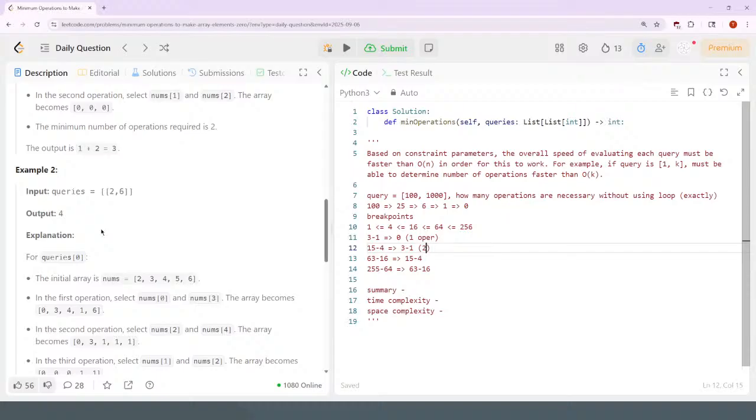In this range is two operations. This range is three operations. And so on. So the power, so this is 4 to the third, 4 to the second.